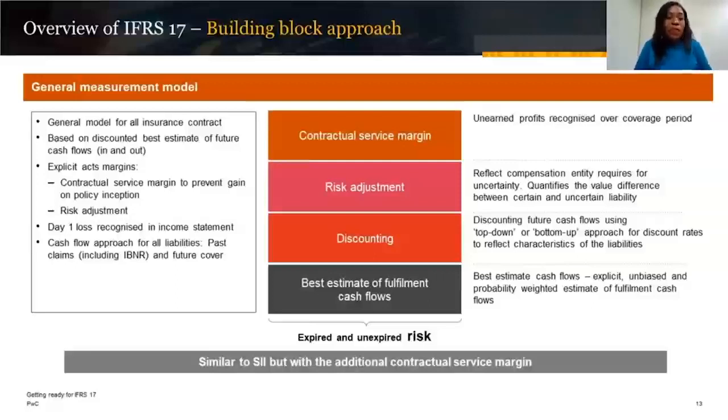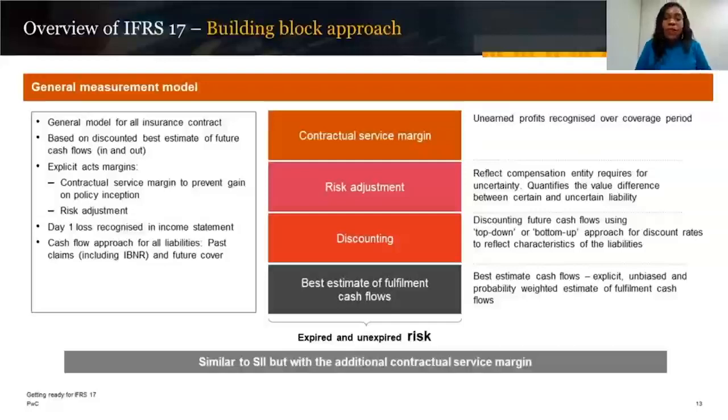So this would include your premiums that you receive on day one and the premiums that you expect to receive over the life of the contract. Things like your expenses, both direct and indirect, so your commission, your allocated indirect expenses, your claims, and any other cash flow that you expect to incur over the life of the contract.